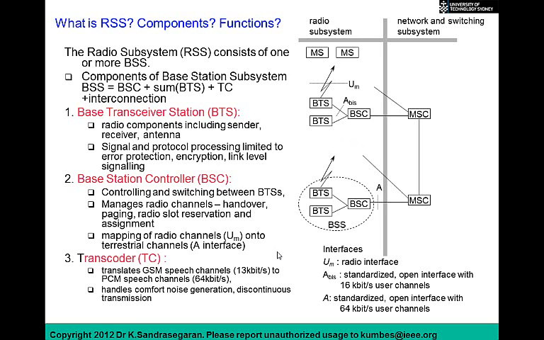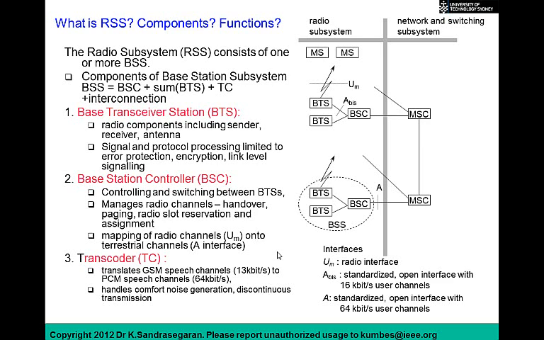And then there's a transcoder function. Now I mentioned earlier that we don't transmit 64 kilobits per second across the interface because it's not spectrally efficient to do that. So we compress the data. In the mobile phone, we have PCM speech at 64 kilobits per second, which is compressed to 13 kilobits per second, and now there are even mechanisms to compress it further to 9 kilobits per second.